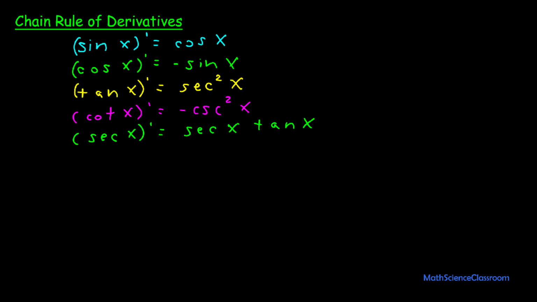And the derivative of cosecant x equals the negative cosecant x times cotangent x.